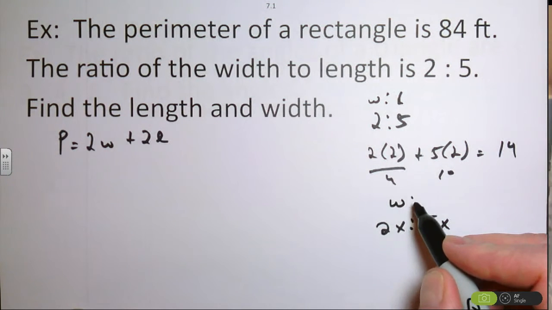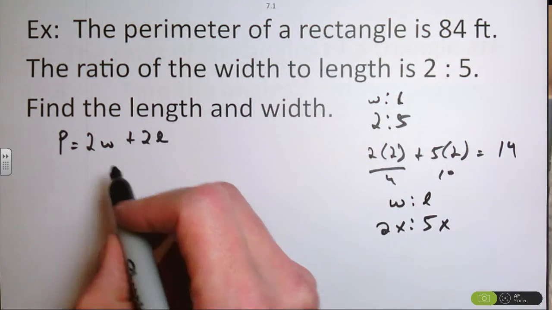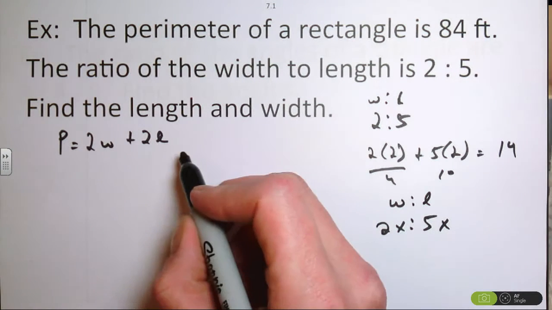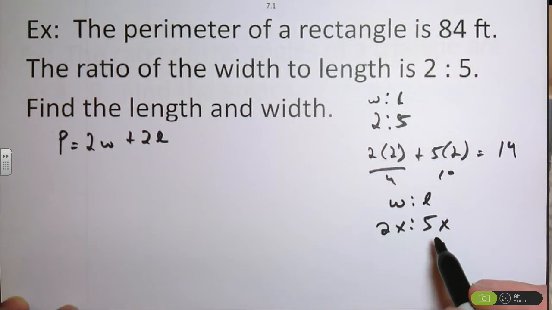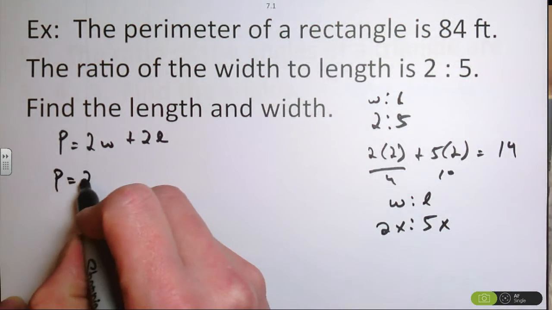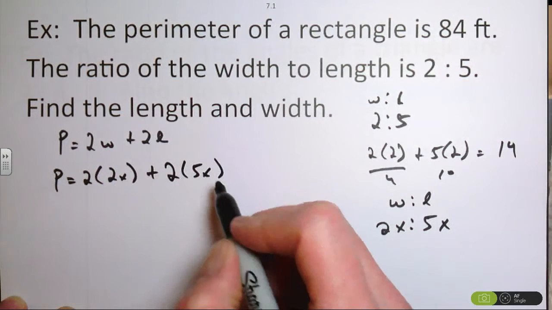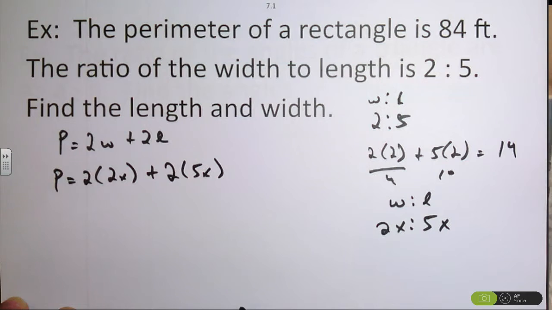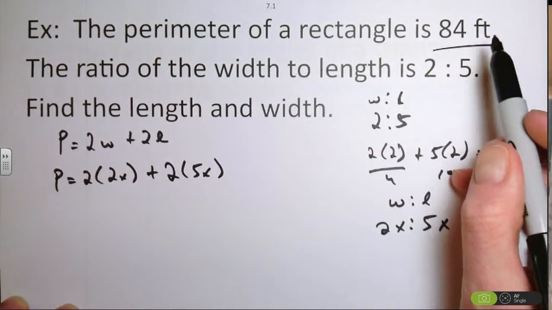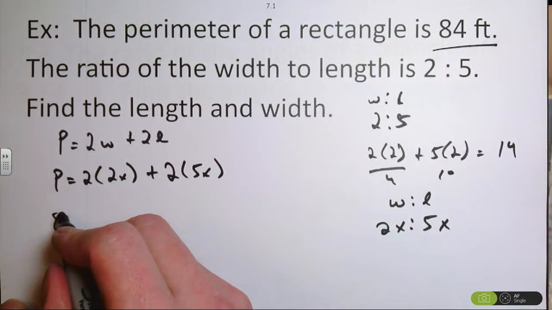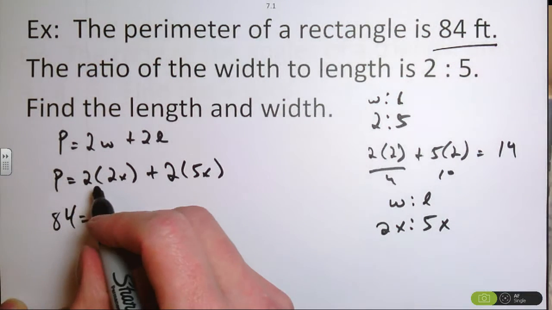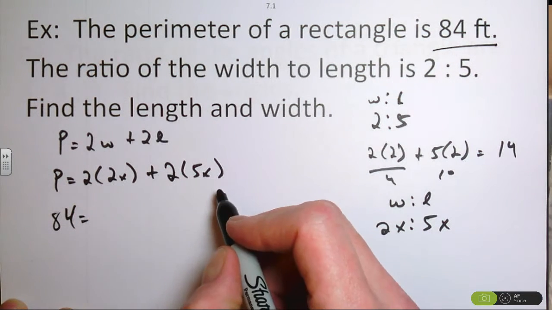And once I set that up, I can replace width with 2x. I can replace length with 5x. And now my perimeter becomes 2 times 2x plus 2 times 5x. Now, the actual perimeter in this problem is 84 feet. I know the perimeter, it's 84. So 84 equals 2 times 2x plus 2 times 5x.